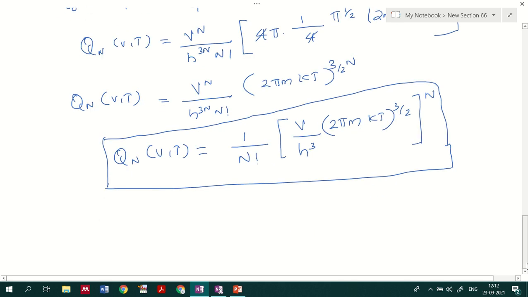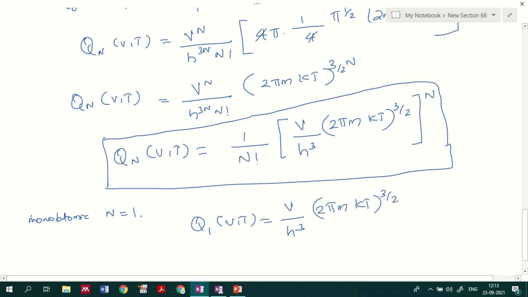Okay, now if you consider the monoatomic case where N equal to 1, then we'll have Q_1(V, T). So for a single particle, that is V by h cube, 2 pi m kT raised to 3 by 2.